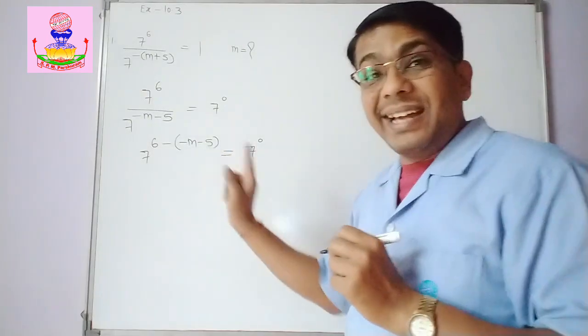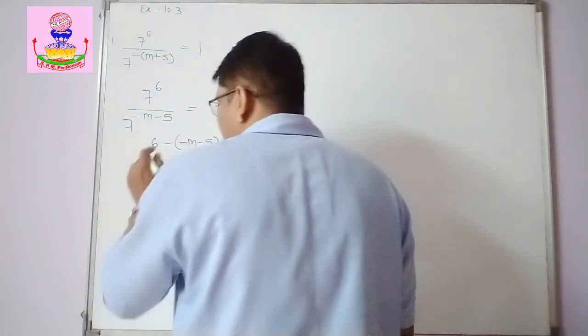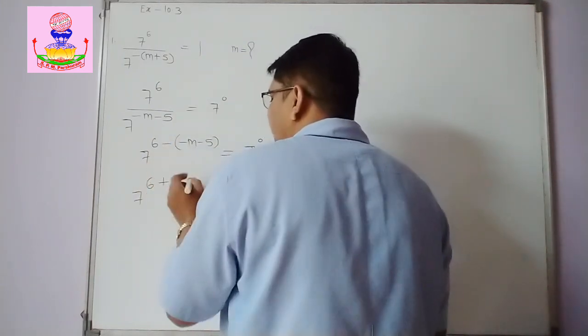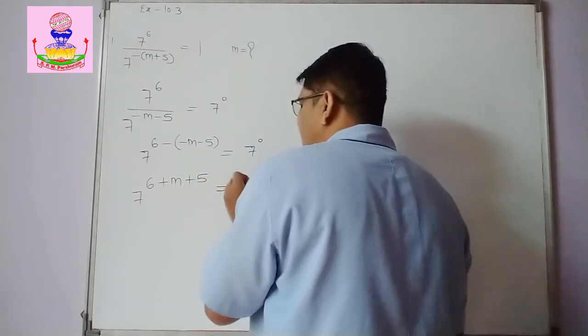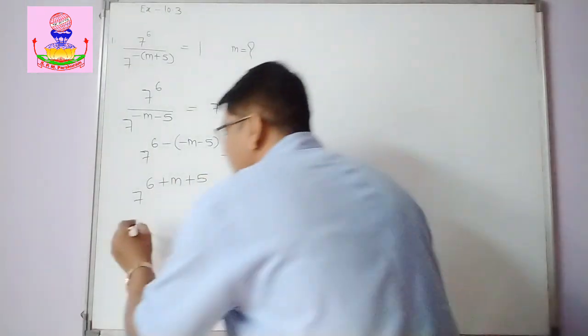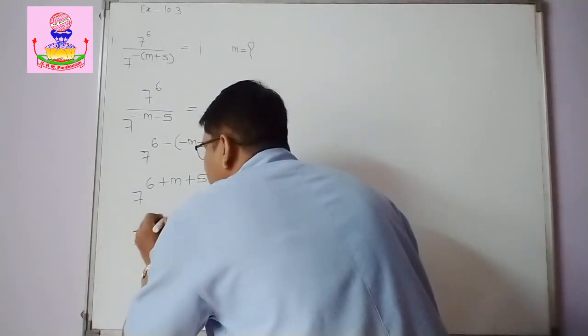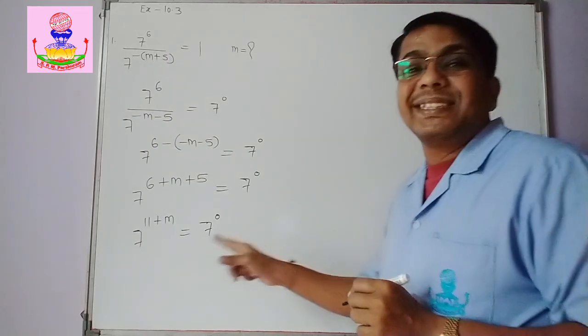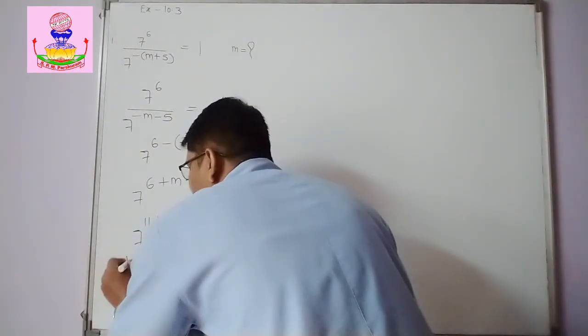Now see, now we can solve it. 7 raised to 6, minus into minus plus, minus into minus plus. So that is equal to 7 raised to 0. Now 6 plus 5, 11. So 7 raised to 11 plus m, that is equal to 7 raised to 0. Now bases are same, so neglect them, compare the powers.